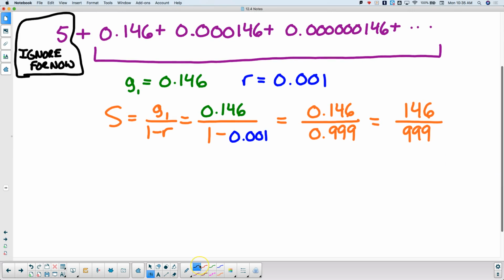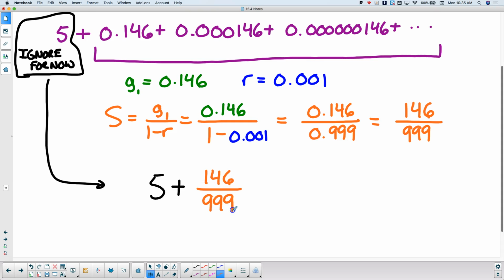Now, we got to bring back the 5. So we've got 5 plus my sum here. So one way of writing this is 5 and 146 over 999.